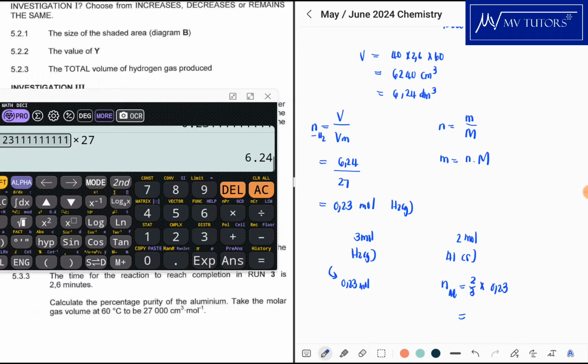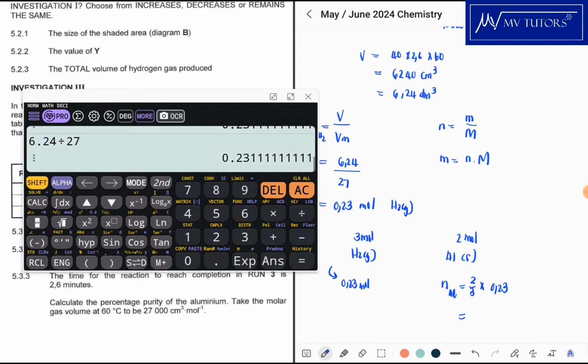Basically, if we go 6,24 divided by 27, we get that 0,23, right? And we're going to multiply that by 2/3, and then we get number of mole as 0,15.